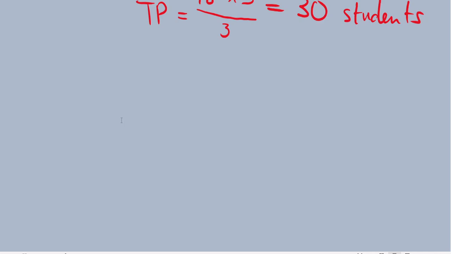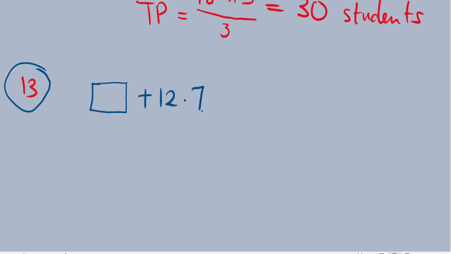Then to question 13. If you look at question 13 properly, you will see something. Tayo enters a number into a calculator. Let's say the number is box. She enters a number into a calculator and she adds 12.7.